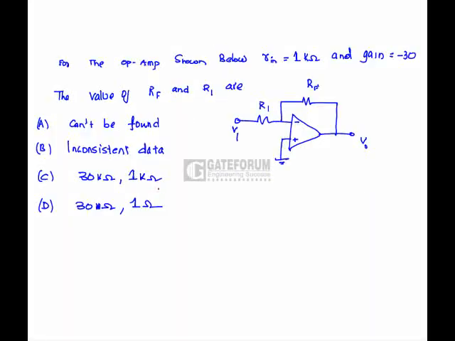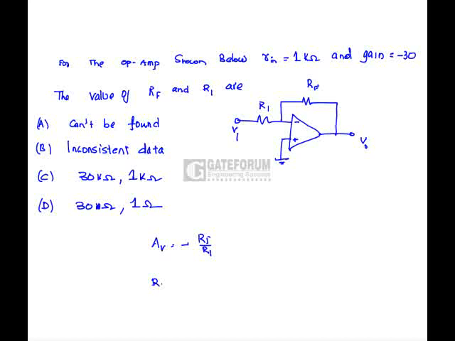In the circuit shown below, having an input resistance of 1 kilo ohm and a gain of minus 30, find the value of the feedback resistance as well as R1. We know that the gain for that one is minus RF by R1.